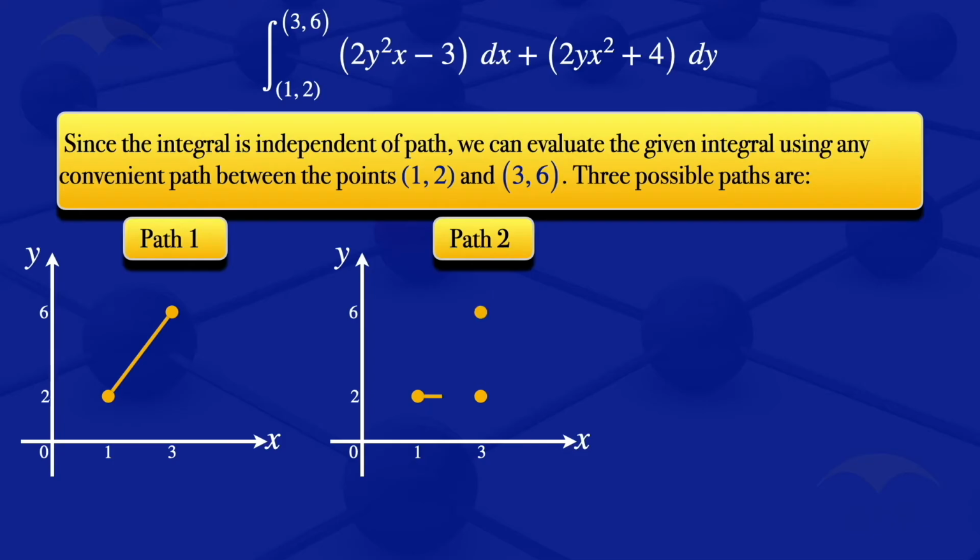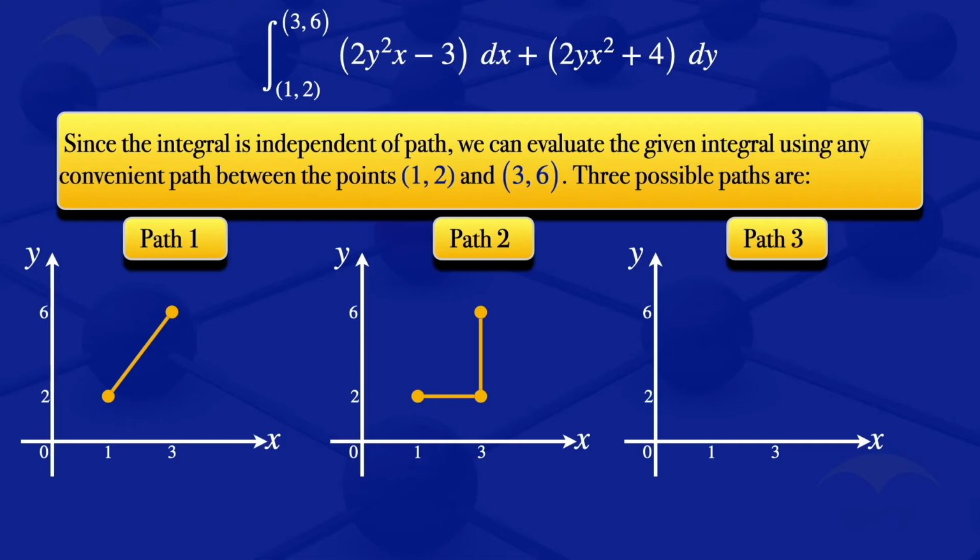Or the other option: starting at (1, 2), I move to the point (1, 6), then from (1, 6) to the point (3, 6). So we are moving vertically upwards and then horizontally. Those are some possible paths: path 1, path 2, path 3.